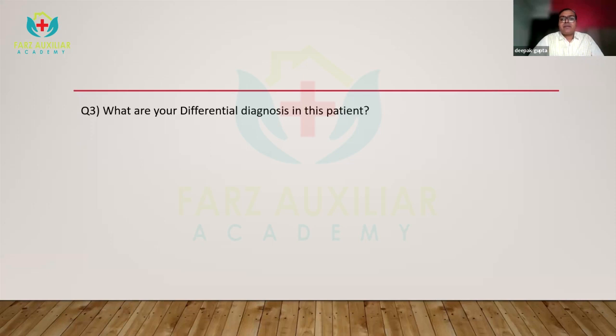Community acquired pneumonia with pulmonary thromboembolism. Yes, wedge-shaped opacity occurs in that also. Tachycardia is there, hypoxia is there. Any more things? Right lower zone patch, aspiration pneumonia? Yeah, can be there.